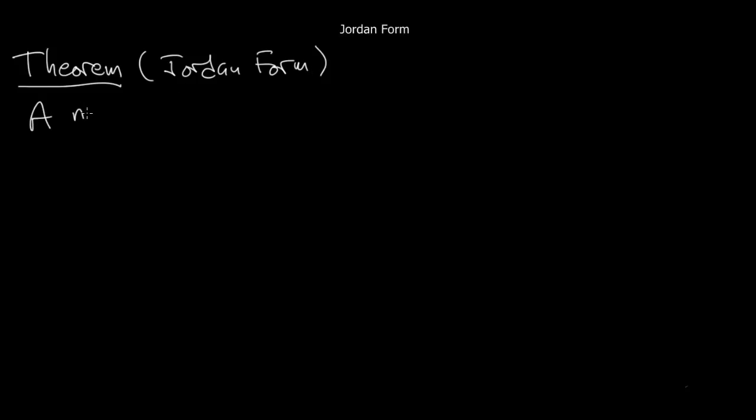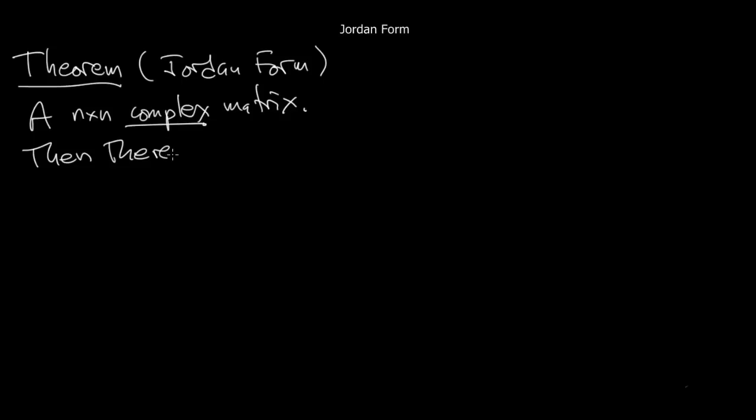Okay. So here's the big theorem. This is the Jordan form theorem. Suppose you have an n by n complex matrix. I'll come back to that and the reason it has to be complex later.